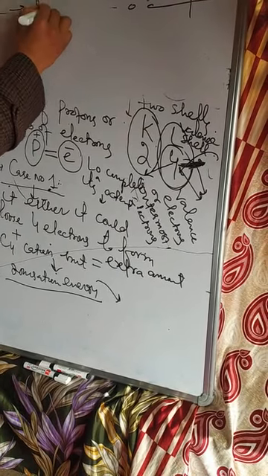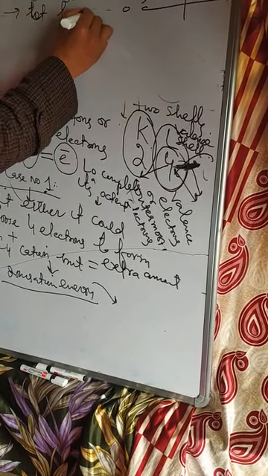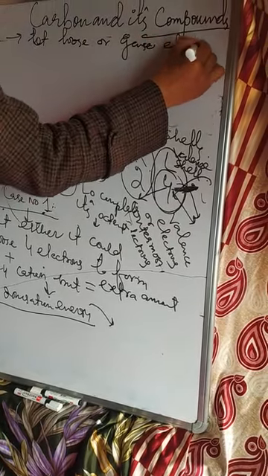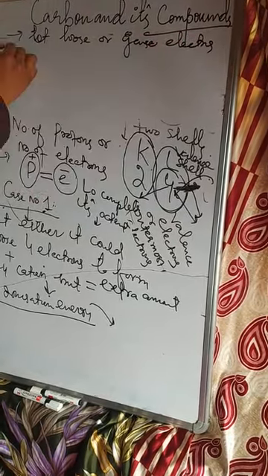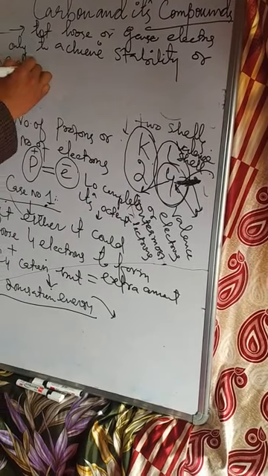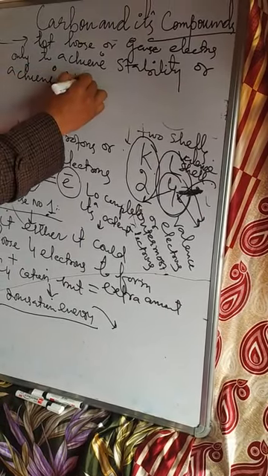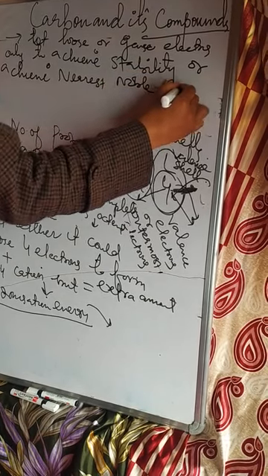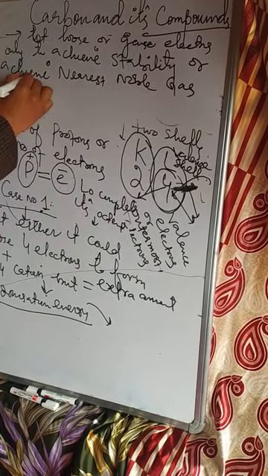It loses or gains electrons only to achieve stability, or to achieve the nearest noble gas configuration.